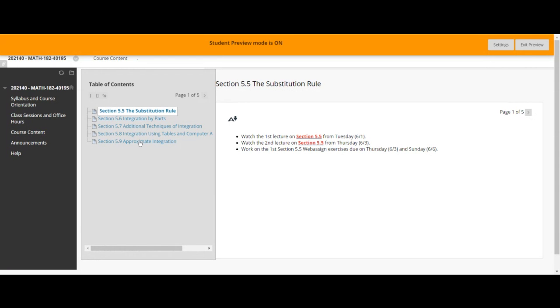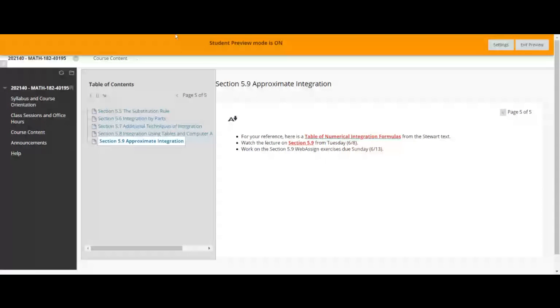If you go down to section 5.9, approximate integration, there is a link for the table of numerical integration formulas. That table basically combines the midpoint, trapezoidal, and Simpson rules along with the error bound formulas.